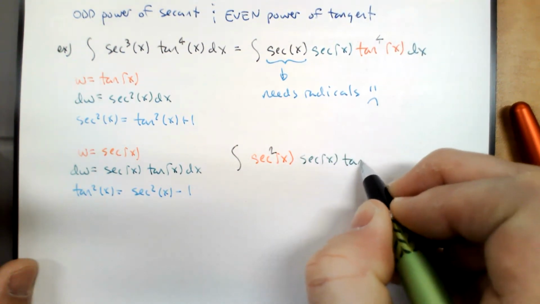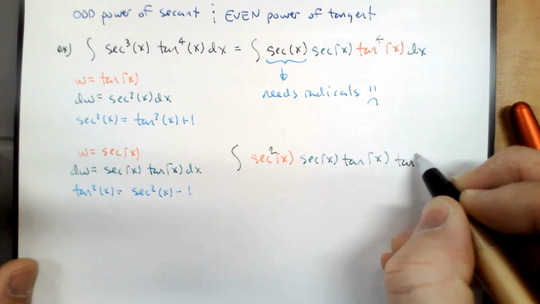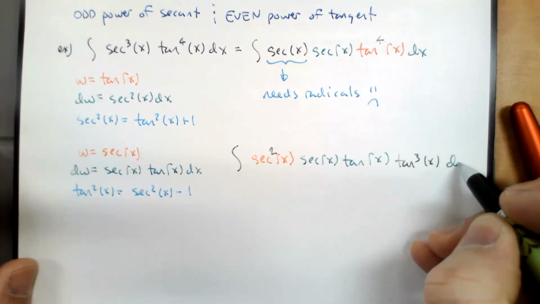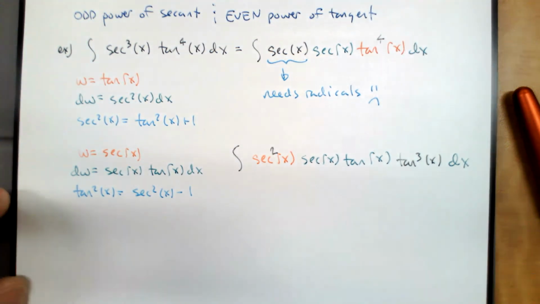I also need 1 factor of tangent to be the dW. And then that leaves 3 factors of tangent. And then we have the same issue with this tangent cubed. We can convert tangent squared. Tangent cubed is going to need radicals.